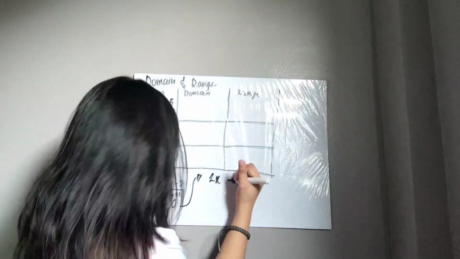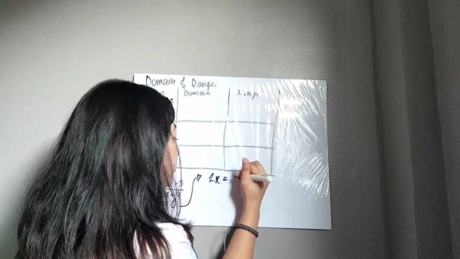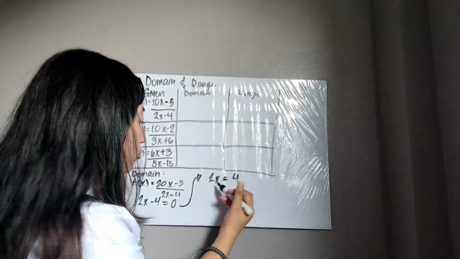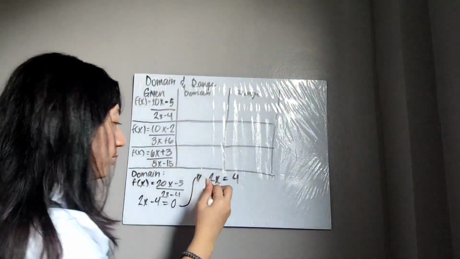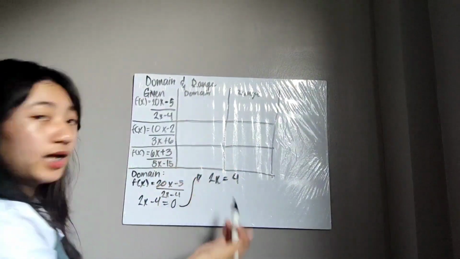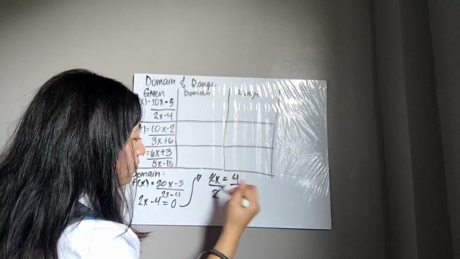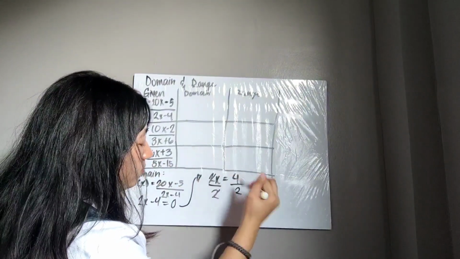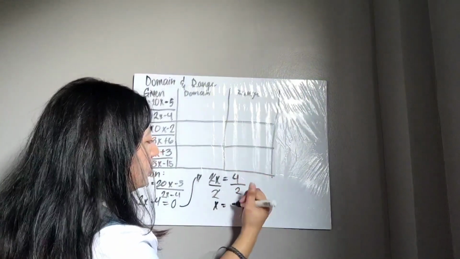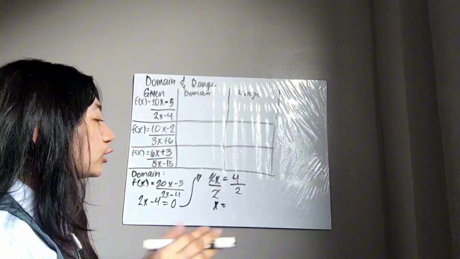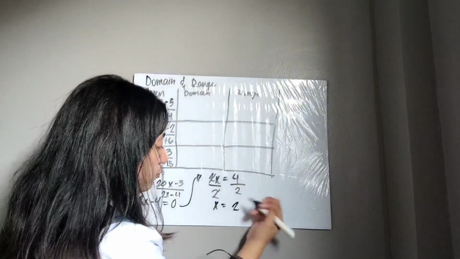And matira dito si 2x. 2x equals 4. Pag nilipat ulit, may iba yung sign. So, paano mo tanggal si 2? Para matira si x is divide natin sa 2. And matitira si x. 4 over 2 is 2.